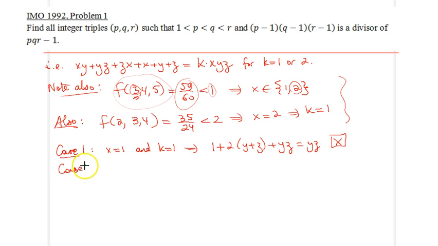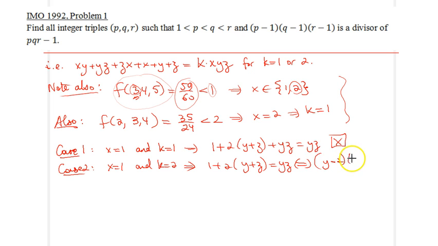The second case: we have that x is still 1 and k is equal to 2. In that case, we have 1 plus 2 times (y plus z) is equal to yz. We can factorize, so I should say y minus 2, not plus 2, unfortunately. So (y minus 2)(z minus 2) is equal to 5.